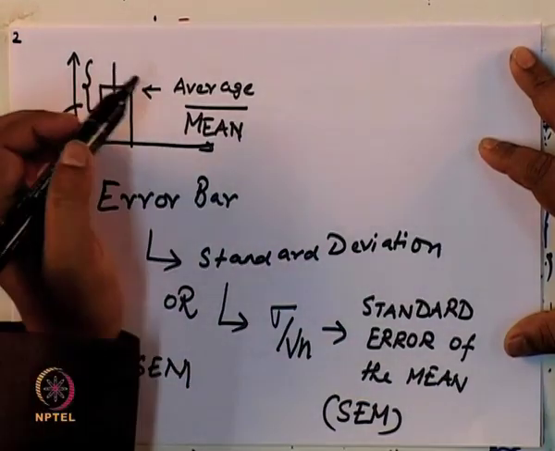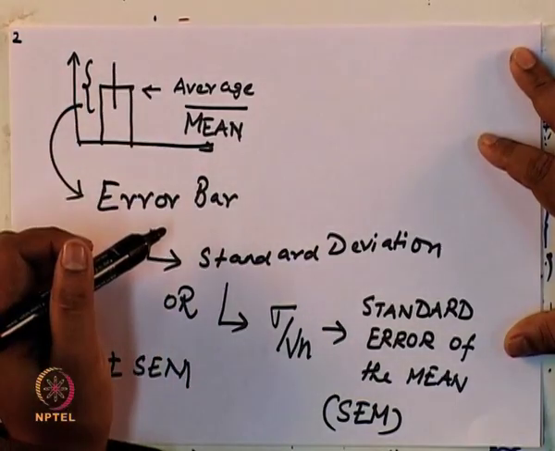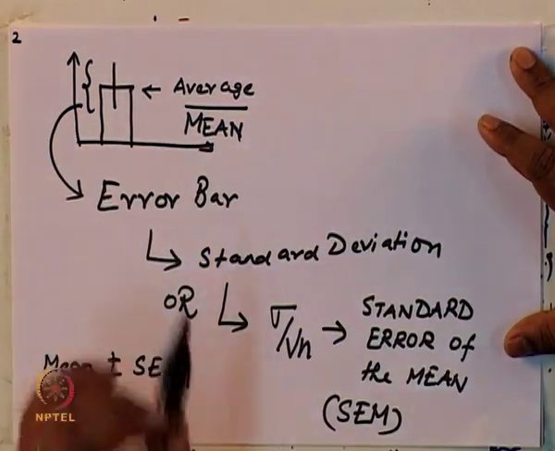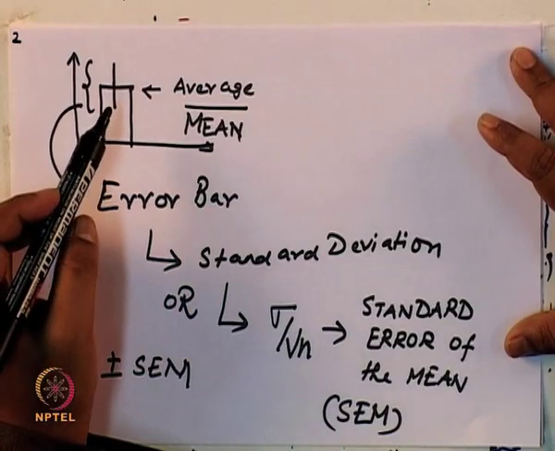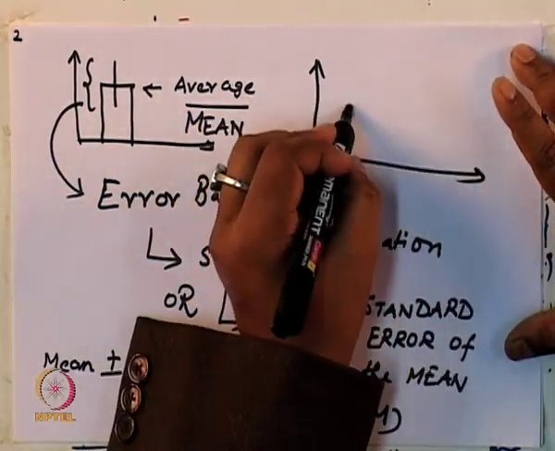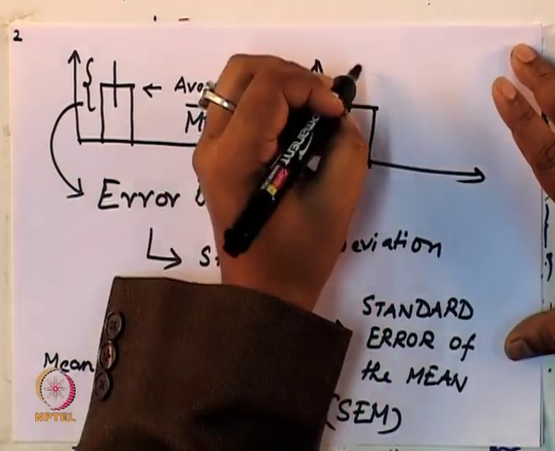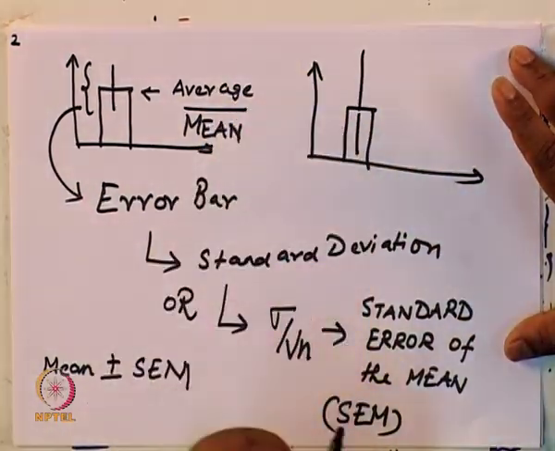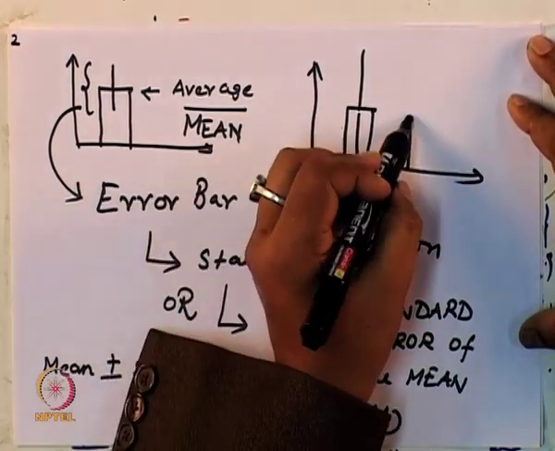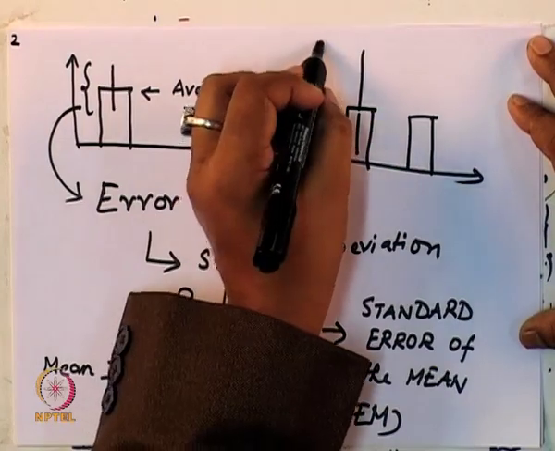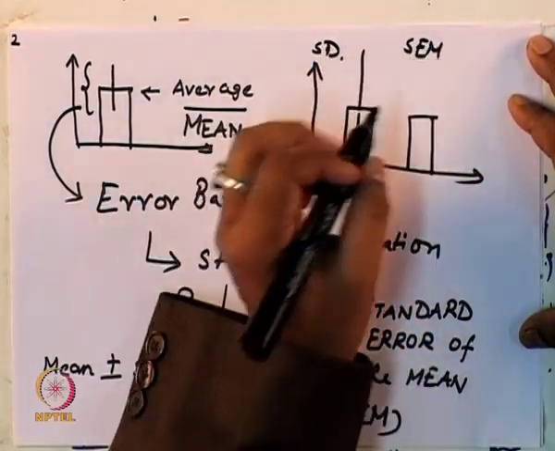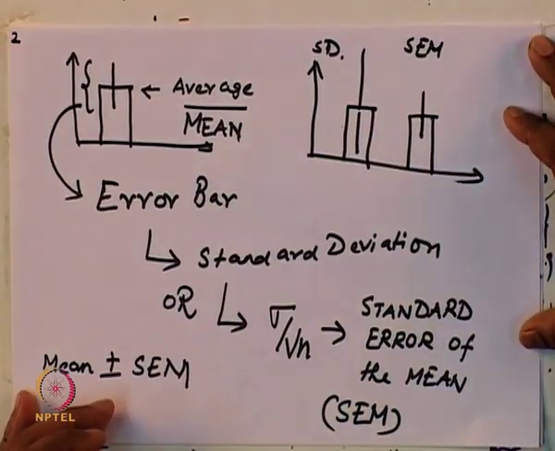So, if your sample size is small, then your standard deviation is going to be significantly higher. For the same data, if this is your mean, let us say this is your standard deviation. This representation does not look nice, but if you plot the same data with the standard error of the mean, you will see it is significantly smaller.